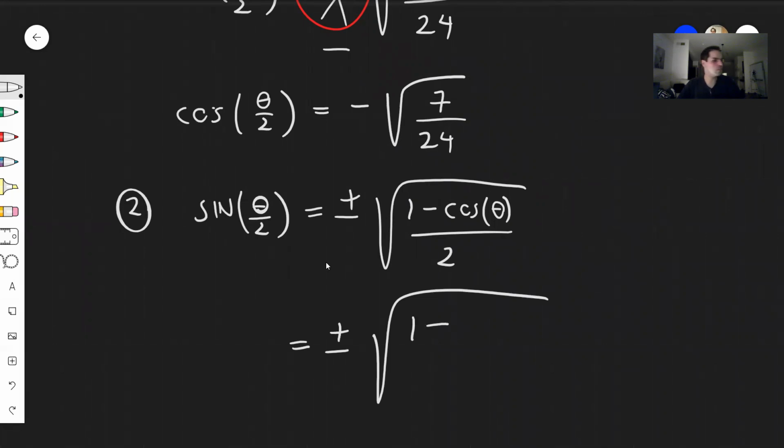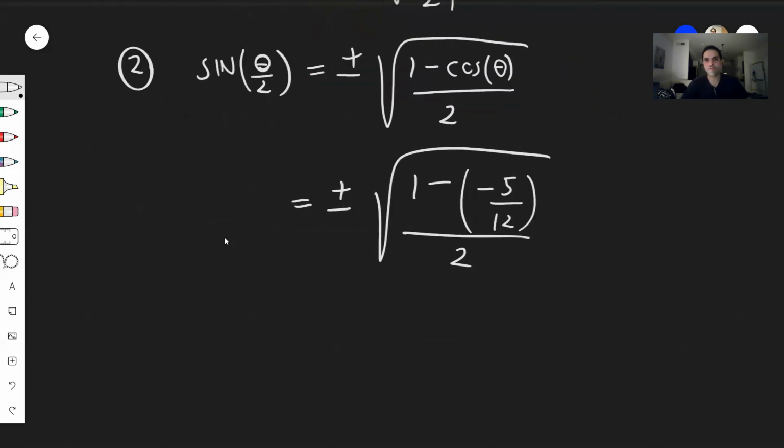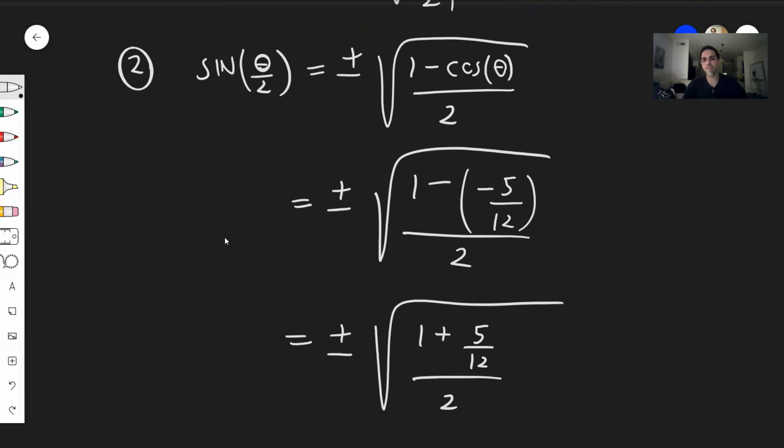And you get plus or minus square root. In this case, cosine was again minus 5 over 12. So 1 minus minus 5 over 12 divided by 2. And this becomes plus or minus square root of 1 plus 5 over 12 divided by 2.